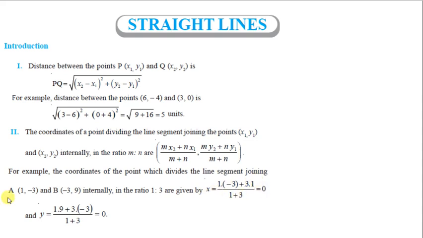So it is 0. Similarly, we will find y: m is 1, y2 is 9, plus n is 3 and y1 is minus 3, divided by m plus n. This is also 0. So that point is (0, 0), that is the origin, which divides it internally in the ratio 1:3.